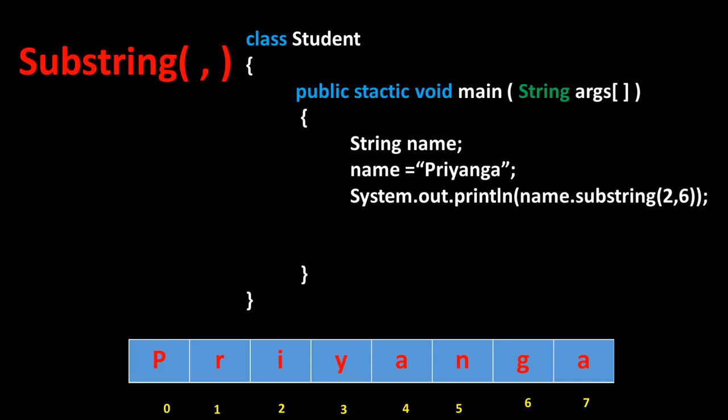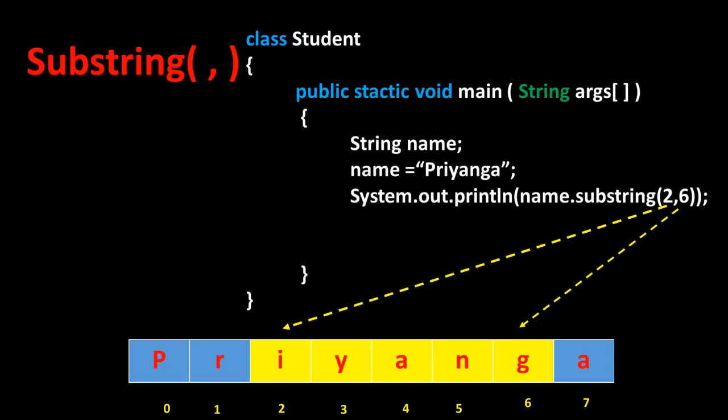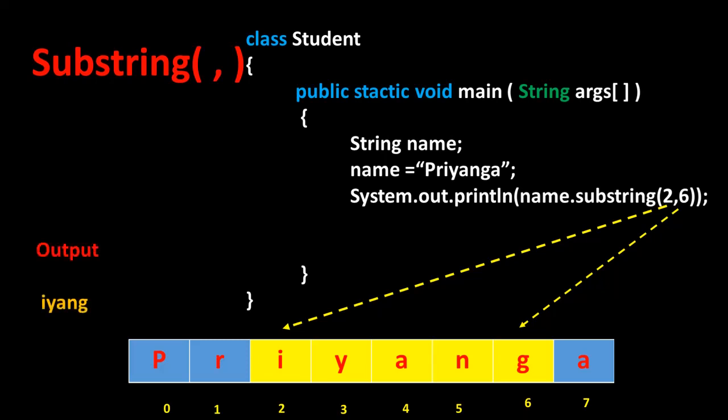Now you can see name.substring 2 and 6. 2 is the starting index, and 6 is the last index. So I take the letters between them, and I will get the output as this.